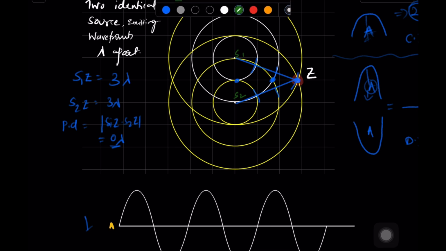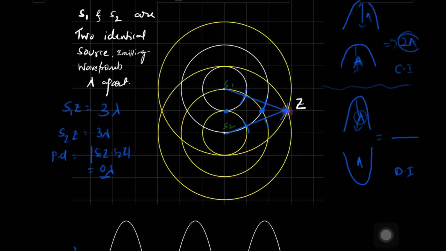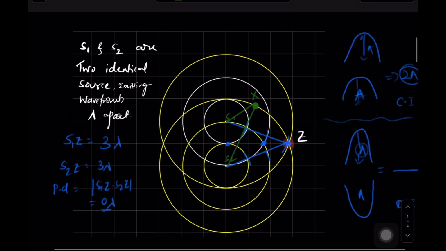Similarly, if I take any other point, let me take one more point. If I take a point here, let's call it X. So S1 to point X and S2 to point X. S1X, that distance is going to be 1.5 lambda this time, because it's in the middle.